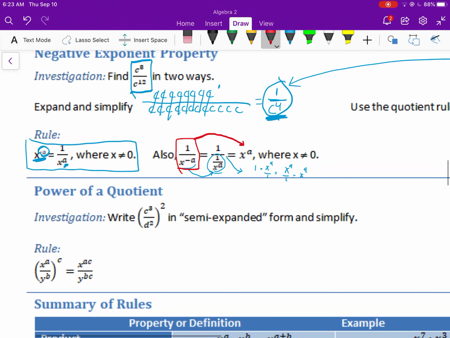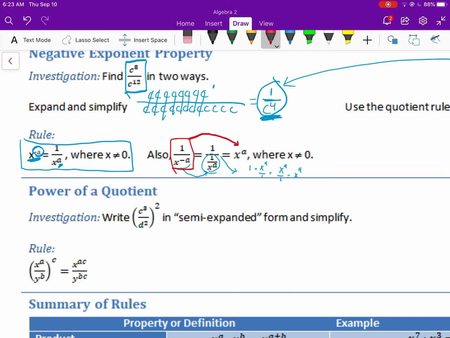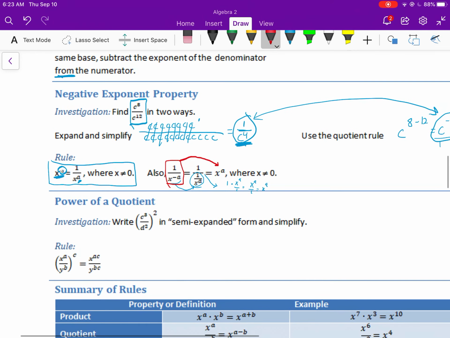And the last rule here is the power of a quotient. This is going to be similar to the power of a product that we looked at in a previous one. And this is going to be write c to the 8th over d squared in semi-expanded form and simplify.